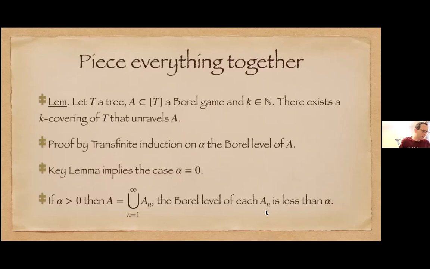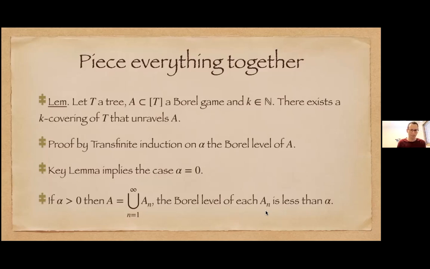The first thing is to show the lemma that if we have a tree T and a subset of plays A, which is a Borel set, not Borel game, Borel set, and K is an integer, then there exists a K covering of T that unravels A. This is the first element of the skeleton of the proof.